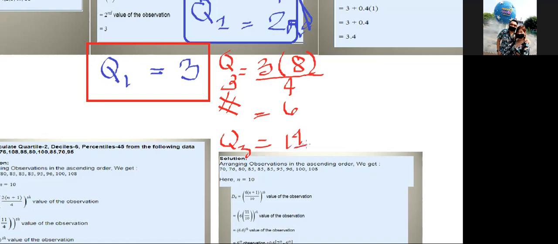So the first part is just the position of the quartile. Okay, so it's just the position, this one. So this is actually the 6th position. And in this case it is 11.